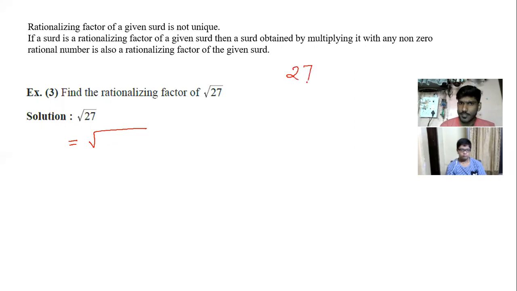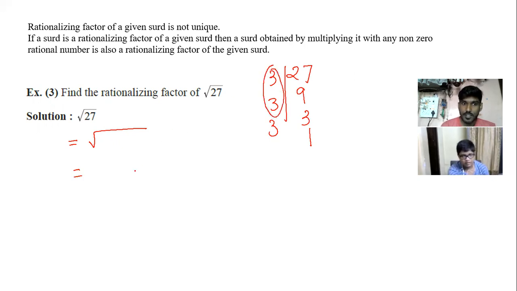You can find the prime factors. 3 3s are 9, 3 3s are 27. So what will be the reduced form of this surd? Can you tell me? Make a pair. Root 3, root 3. Only root 3? 3 root 3. Correct. 3 root 3.